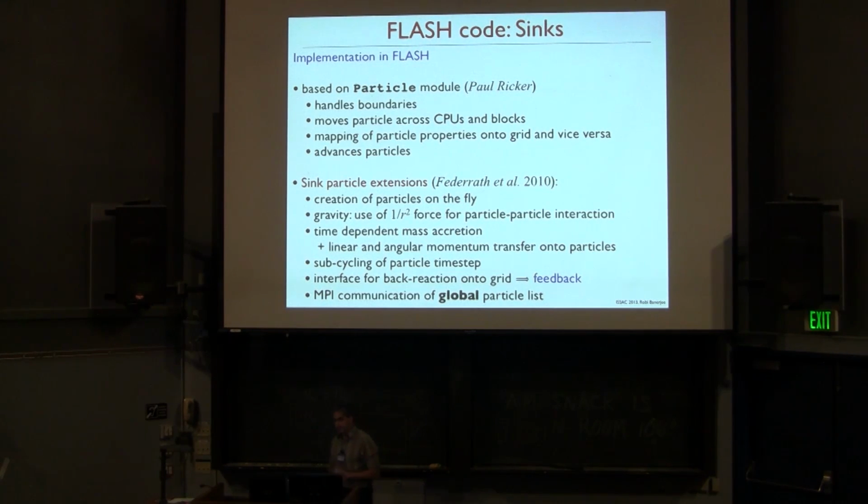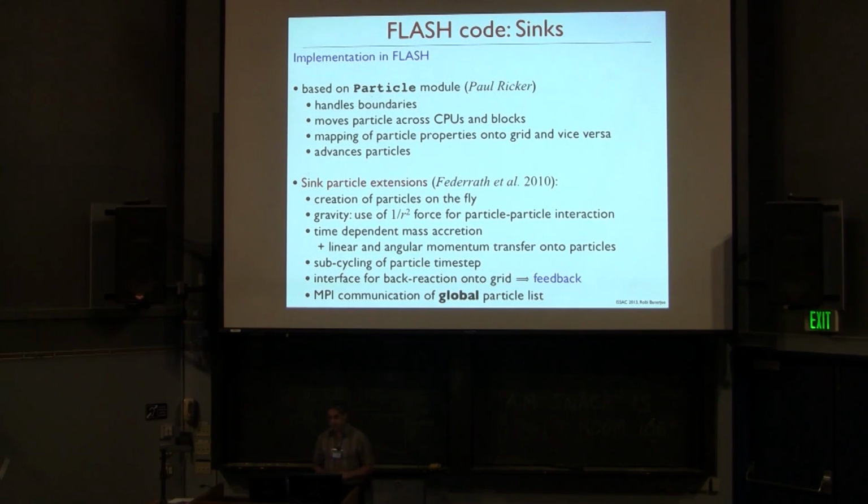Here, because in most cases we have only up to maybe 10,000 or so sink particles, not tens of millions, that method would break down or be way too slow. And then they can be created on the fly. They can accrete mass while mass is attracted toward the gravitational center of a sink particle.